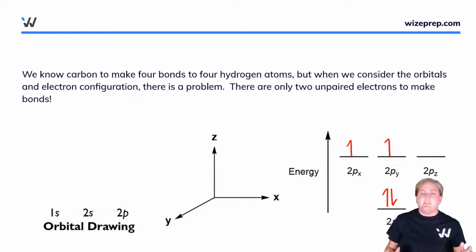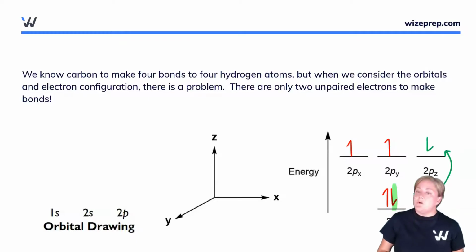So in order to explain how we could possibly make 4 bonds, we consider this thought experiment where we take an electron from down here in the low energy orbitals and we promote it up to a high energy orbital here. You'll notice that I don't flip the spin. That doesn't really factor into our consideration, but I do want to draw your attention to it.